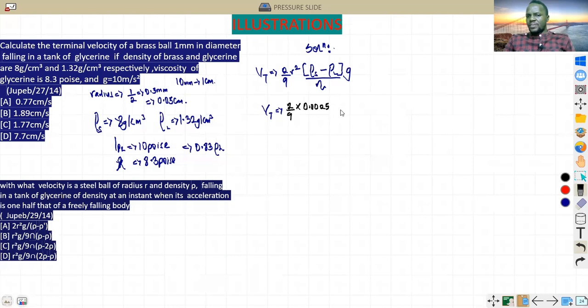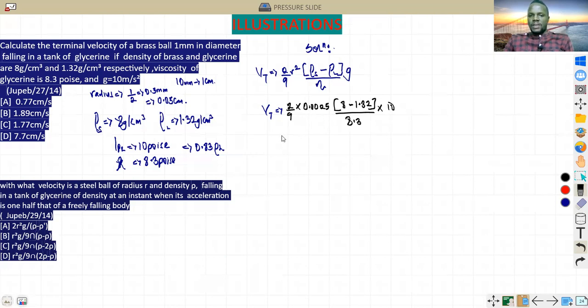We are subtracting these two values, 8 minus 1.32. We are dividing the value by 8.3. Then we are multiplying by 10. So directly, let's do something, guys. I'm multiplying 0.0025 by 2, and dividing the value by 9. Please, you can go to your calculator.